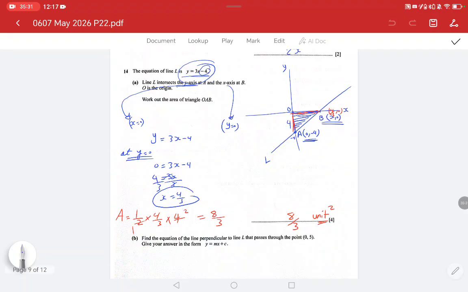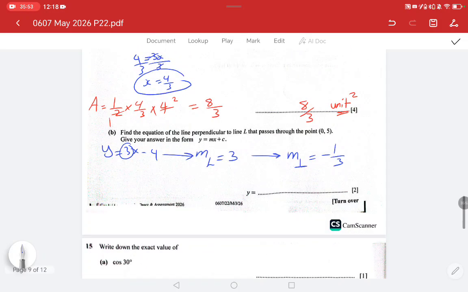First of all, take this equation, y equals 3x minus 4. From this one, you know that the gradient of this line L is 3. So the gradient of the perpendicular line equals the negative of the reciprocal. So 3 becomes 1/3.